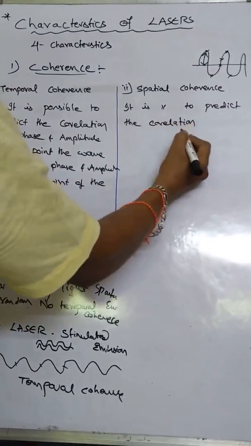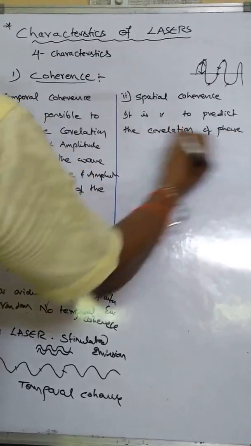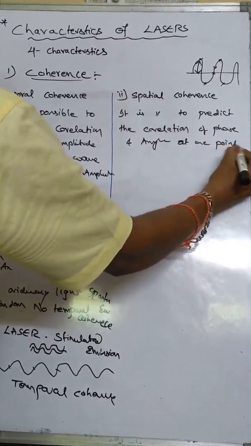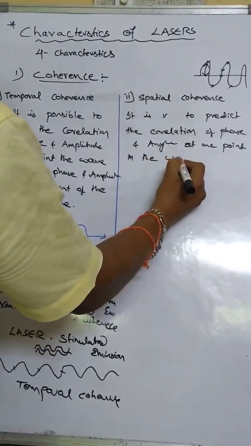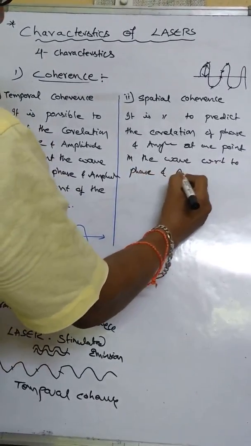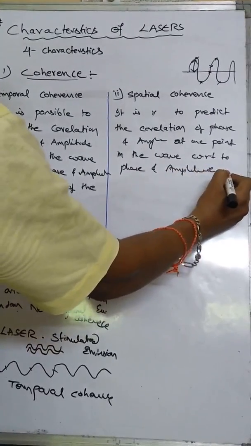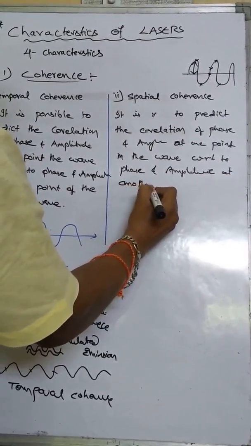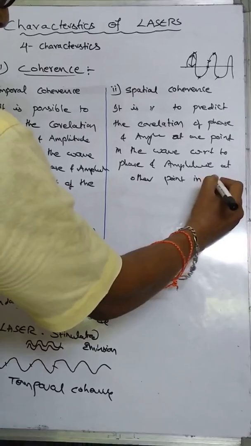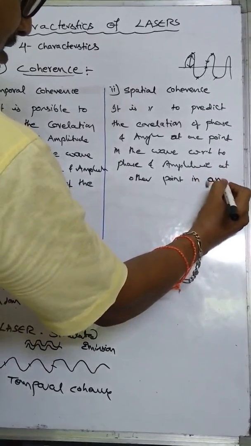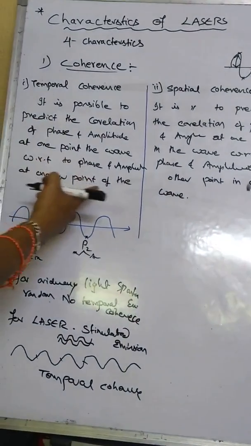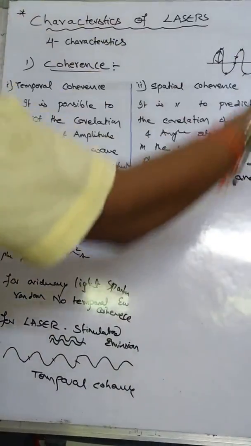I can write the same sentence: correlation of phase and amplitude at one point in the wave with respect to the phase and amplitude at another point in another wave. So here I am writing it as the same wave, but it is another point in another wave.